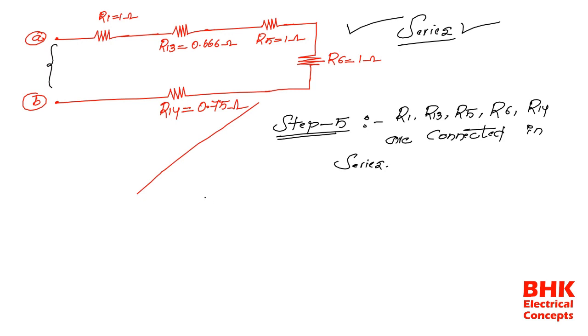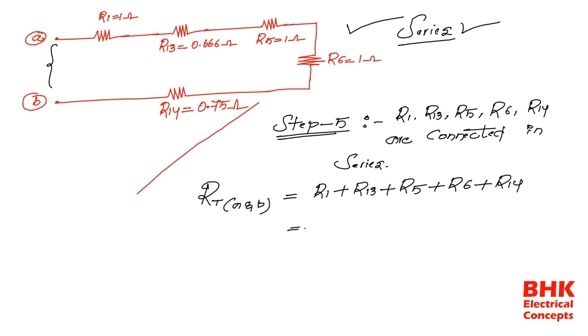Now the final total resistance across the terminal A and B is equal to addition of all resistances, that is R1 plus R13 plus R5 plus R6 plus R14, that is equal to the value of R1 is 1 ohm, the value of R13 is 0.666, plus R5 is again 1 ohm.